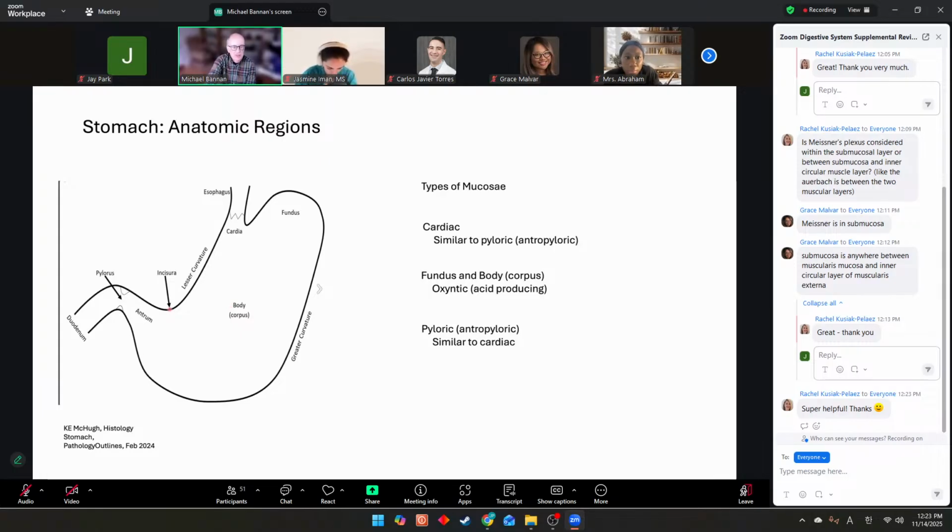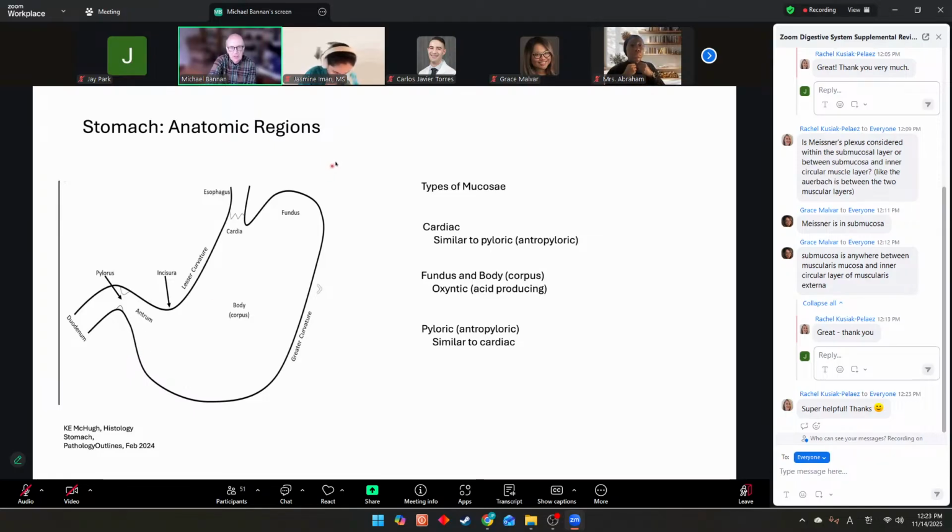The antrum, which is a funnel-shaped area at the distal end, which narrows the diameter of the stomach down from the largest diameter at the body down to the narrowest portion of the pyloric channel. Sometimes this area here is called the antropylorus together.